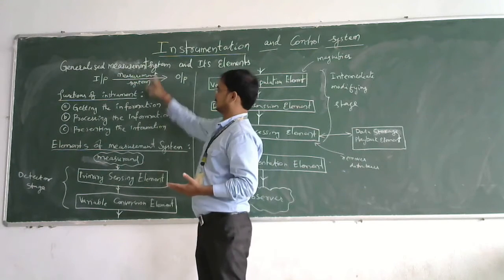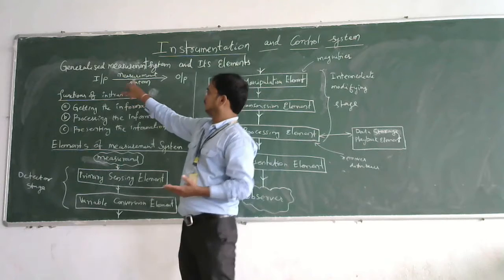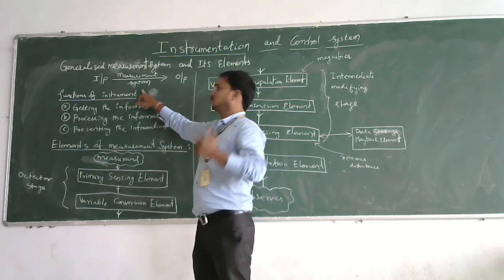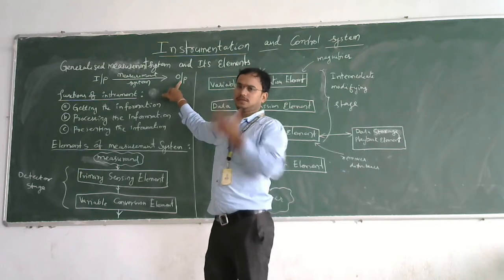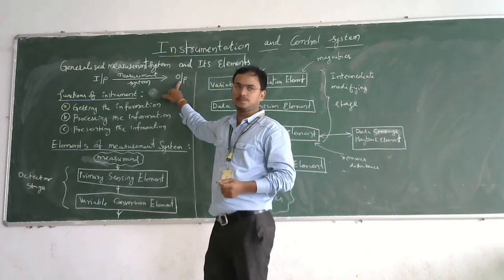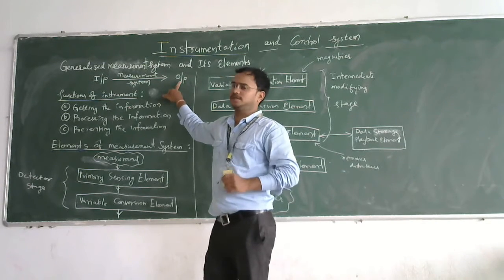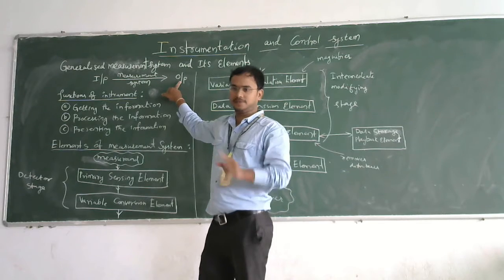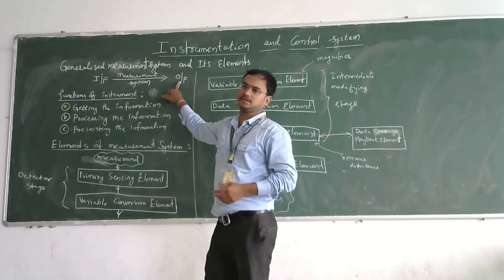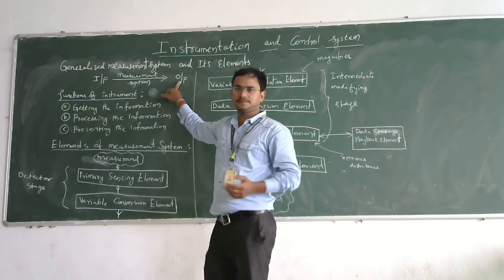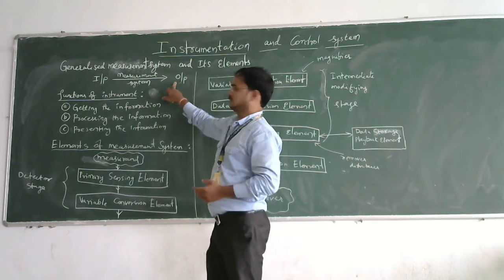After all the processes, the measurement system or the instrument will give an output, and this output must be in a suitable form. It should be readable by an observer. It can be a pointer or a printed form. It can be a digital signal such that an observer can read this output value.